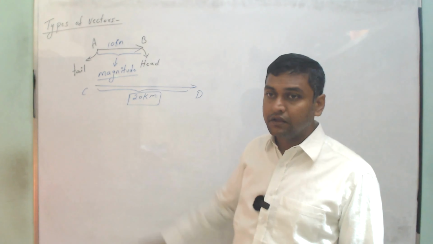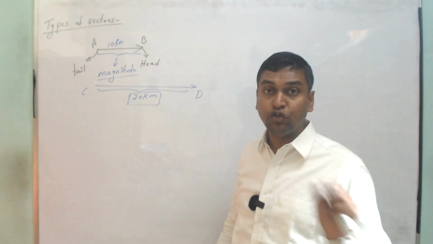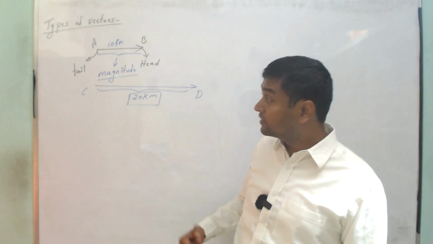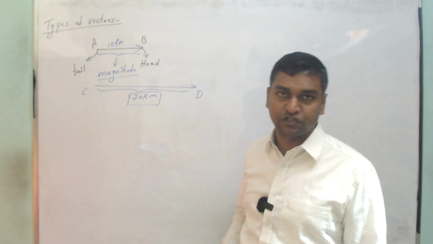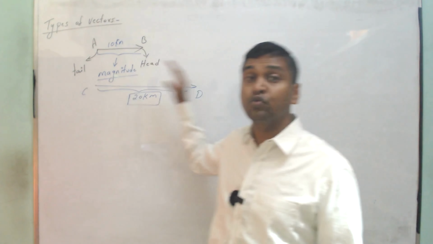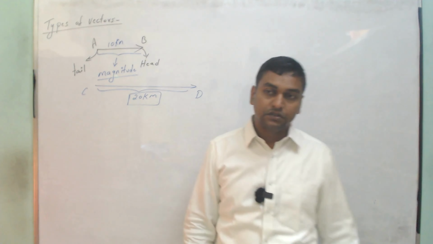Clear? Now if अगर ये 10 न्यूटन है पहला वेक्टर, 10 newton is the unit of force. If another fellow is applying twice the force, that is 20 newton, then I will represent his vector with 2 times the length of AB. Is this clear? Yeah.